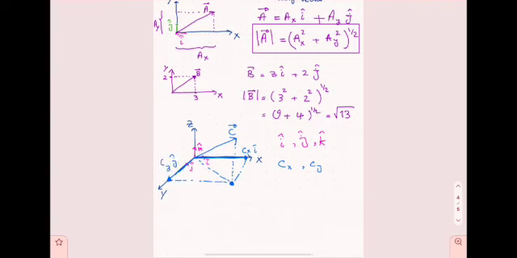and then from the center to this point we also have the cz, k hat.